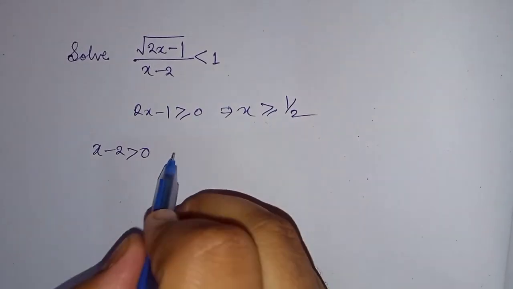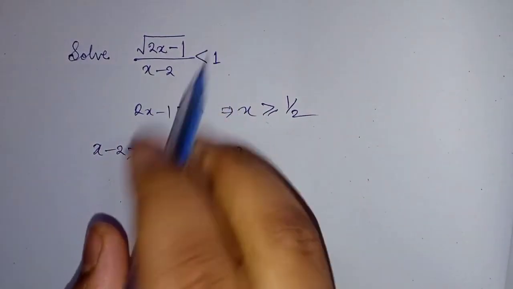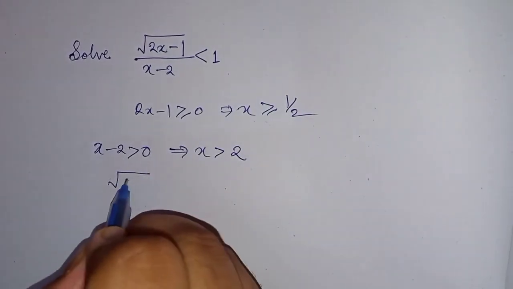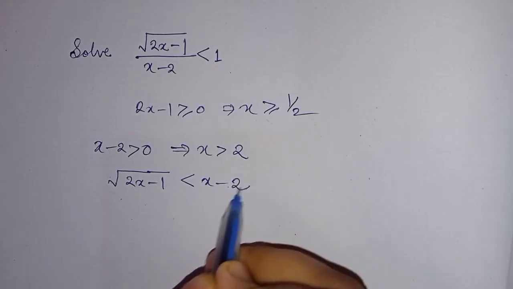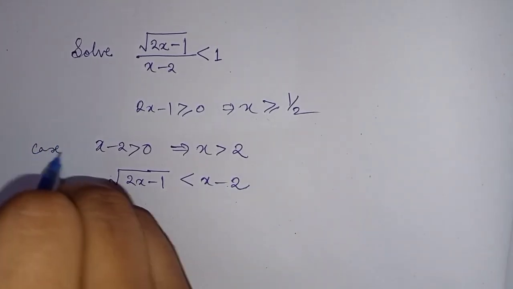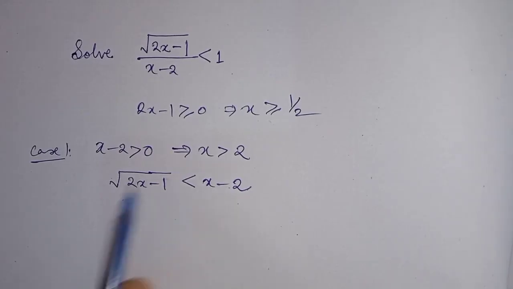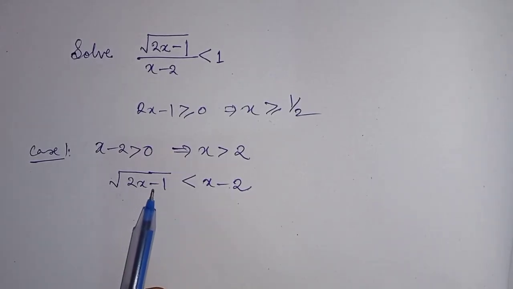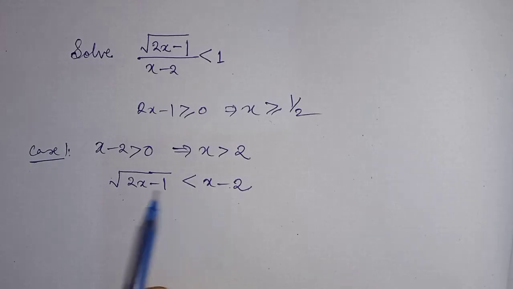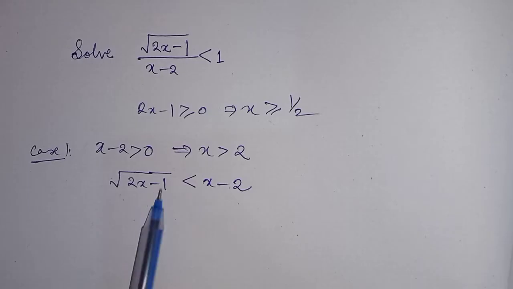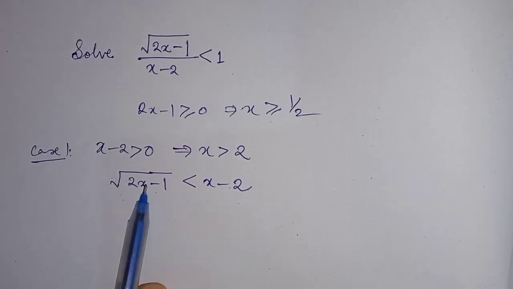When x minus 2 is greater than 0, or x is greater than 2, I can cross multiply without changing the sign of the inequality. In that case, I get 2x minus 1 is less than x minus 2. Now notice that this thing is positive. Whatever comes as the output of a square root is always positive by our definition. And so if some number has to be greater than a positive number, it has to be positive, else a negative number cannot be greater than a positive number.